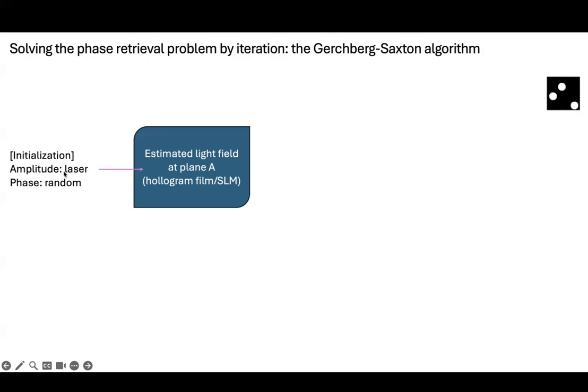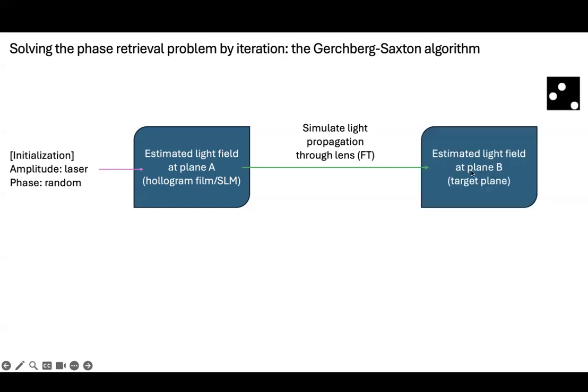Usually the amplitude is just whatever intensity your laser is, and you can input a random parameter for your phase. And once it enters your system, you will have an estimated light field at plane A, which is where you put your hologram film or your SLM display. And then your light will continue to propagate down your microscope through, for example, different lenses. And again, this is performing a Fourier transform.